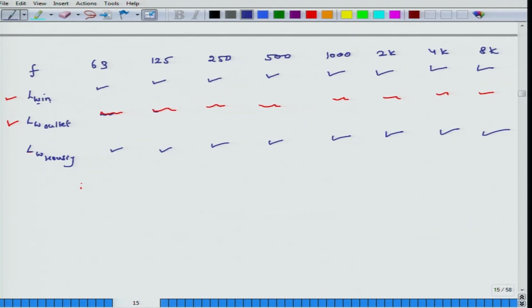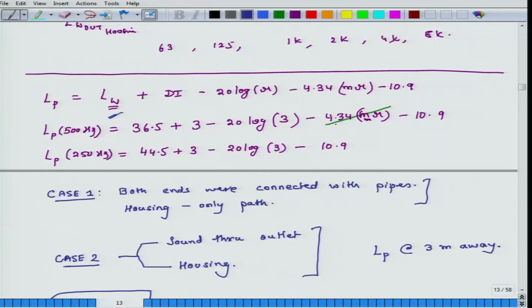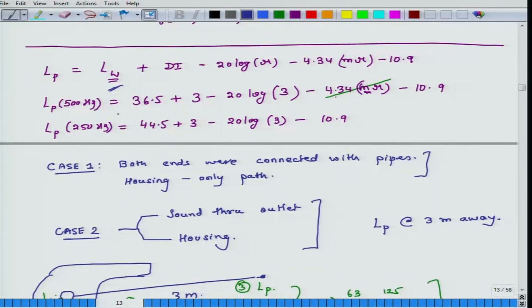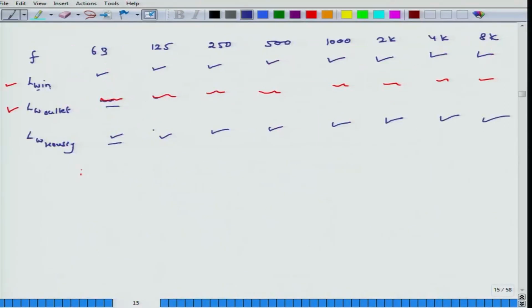Now, the question is, how do I calculate LP? Should I use this number or should I use this number? To calculate LP, I need LW in the formula for LP, right? Earlier, only one path was available, so I used those numbers for LW housing. Now, what do I do? I get LW out net, and I add it using the power method.